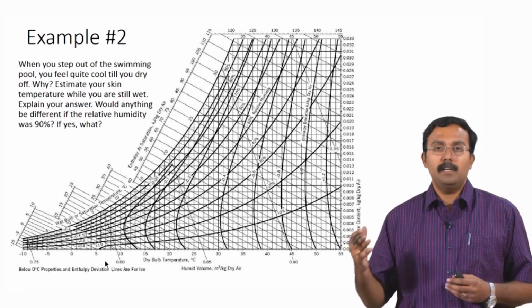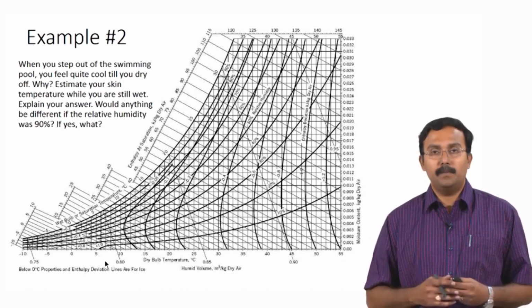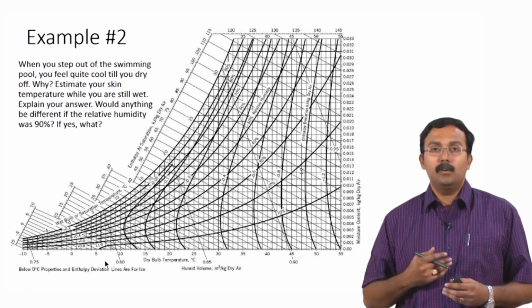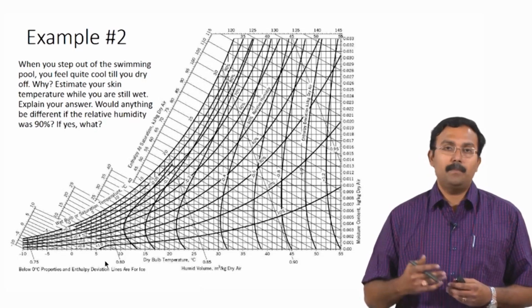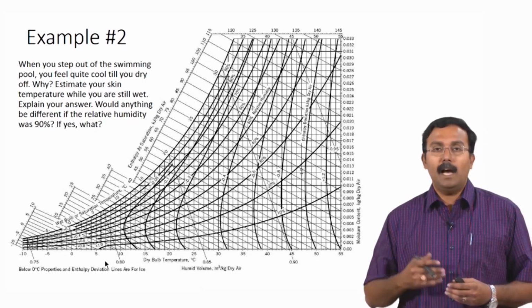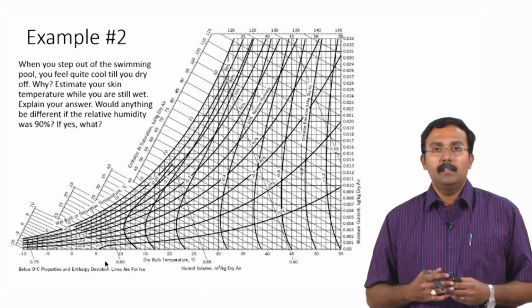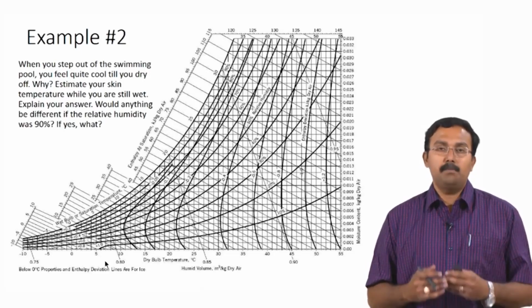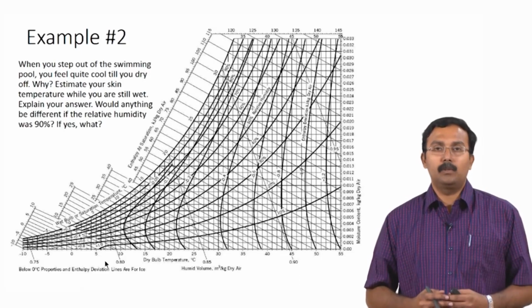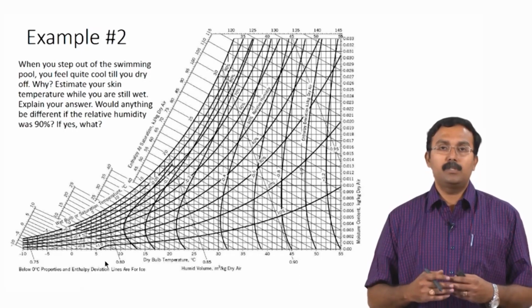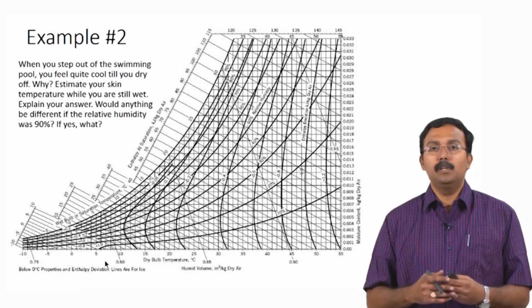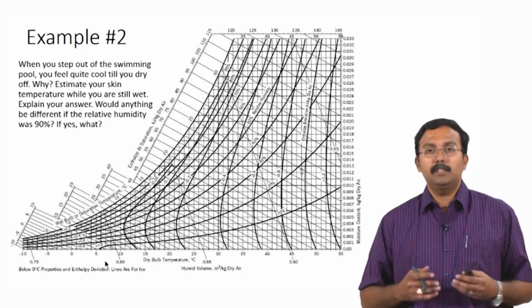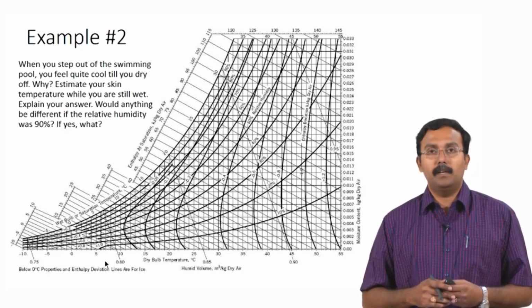The relative humidity in the air is actually only 40%. So, this means you are going to have water rapidly evaporating from your skin. As water keeps evaporating, the temperature of your skin keeps coming down. As it keeps coming down, you are going to feel colder and colder. So, that is why the longer you stand in this air, the colder you would feel, because there is more and more water being evaporated.